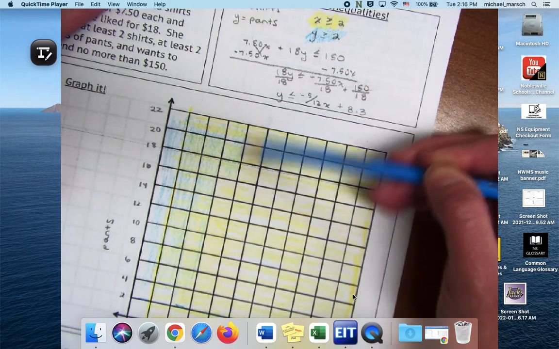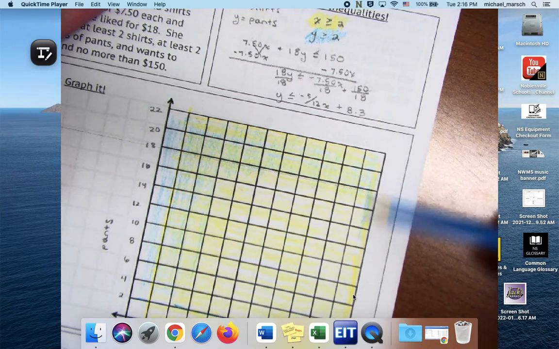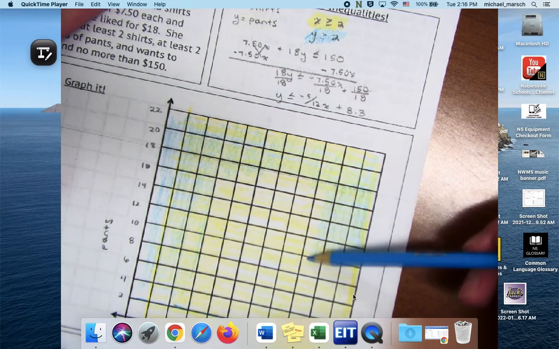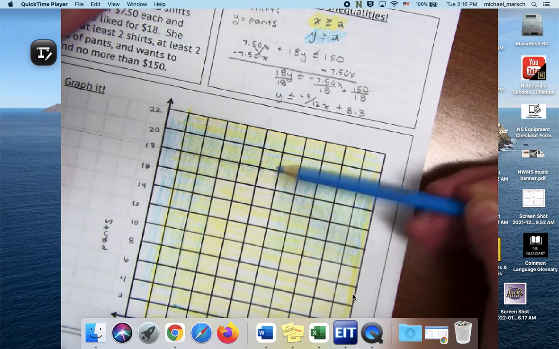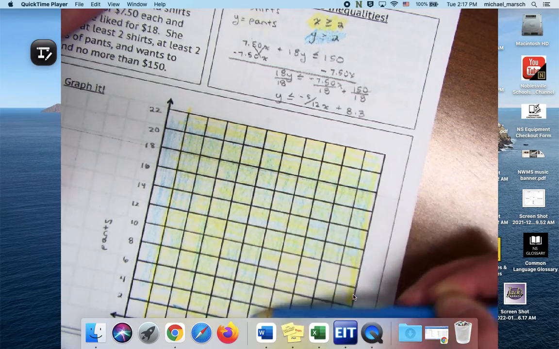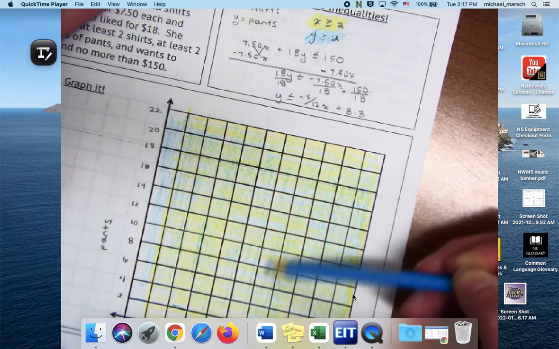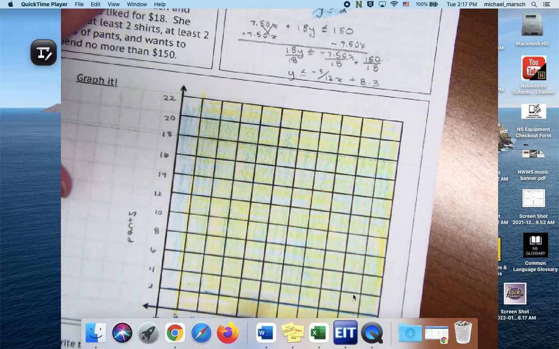But because she doesn't have an unlimited budget, that's why we need that third inequality to figure out how many she can actually purchase. So right now it looks like she can pretty much purchase as many as she wants. But we're going to add that restriction here in a second.